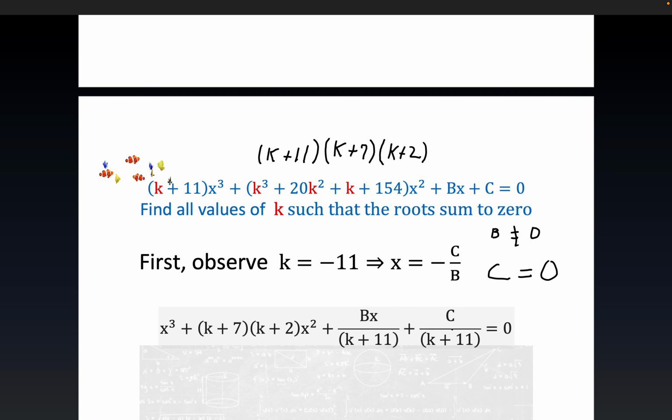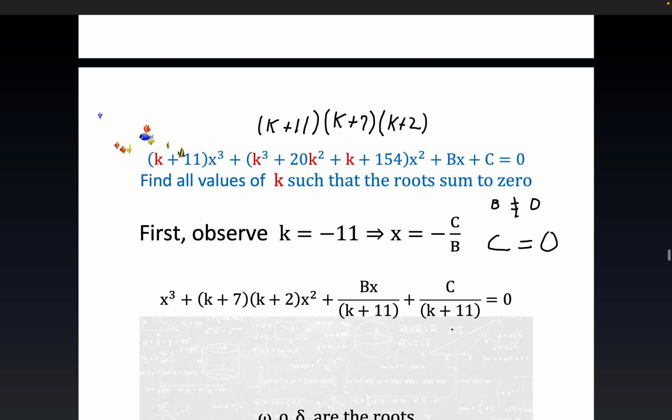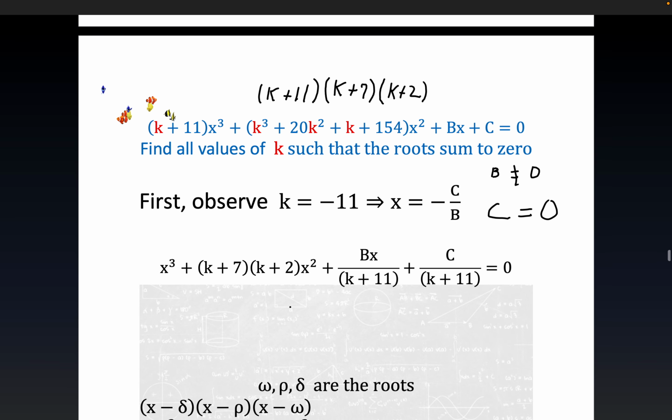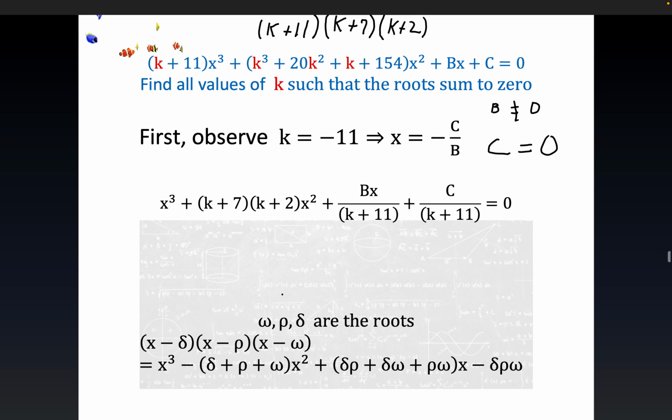It's very interesting. All we have to do is find the k's that force the coefficient of x squared to be equal to 0. And y'all, this is the justification for that. If omega, rho, and delta are the roots, then by the factor theorem we get this expansion in terms of the roots.